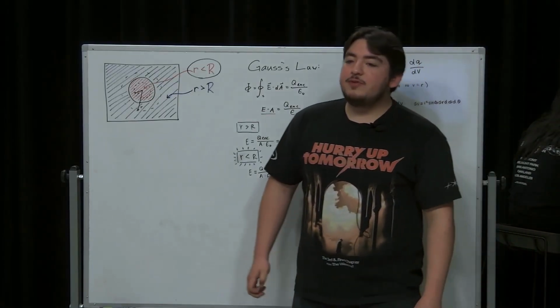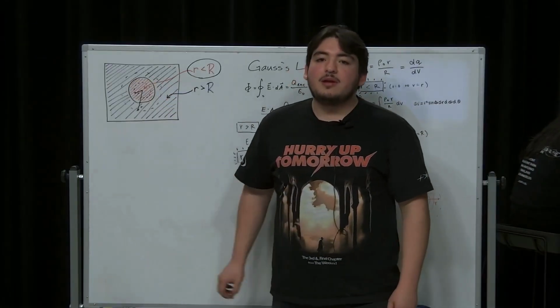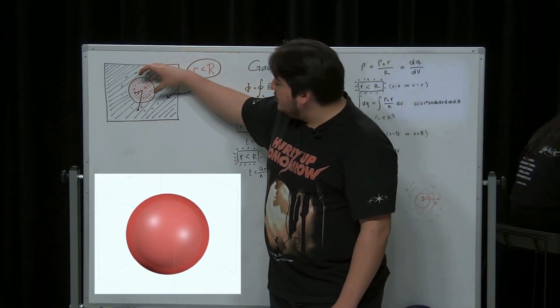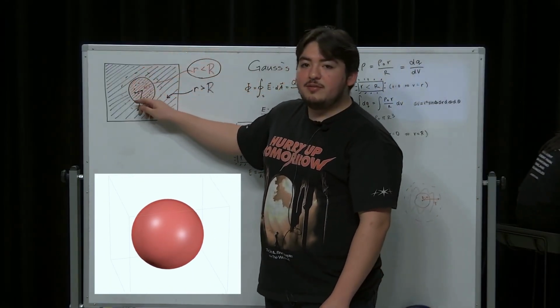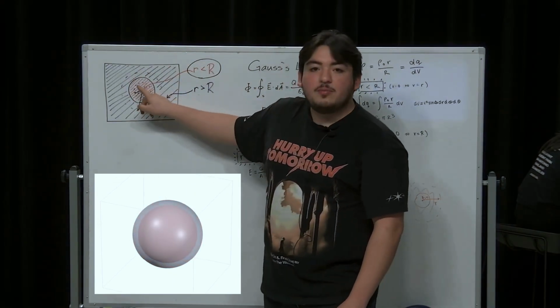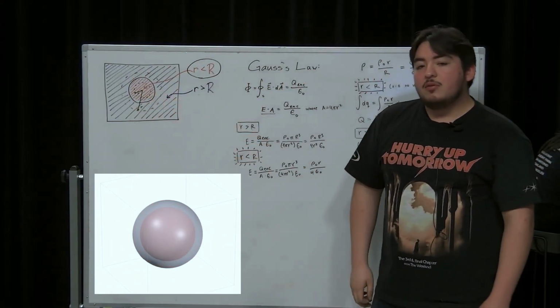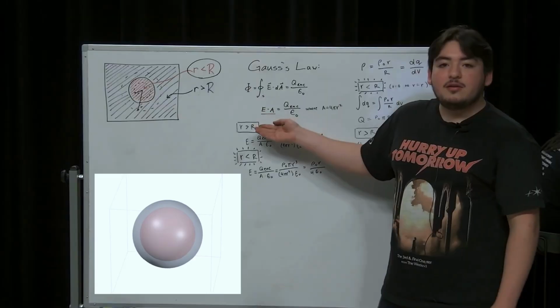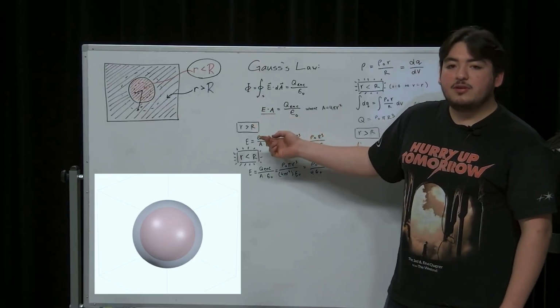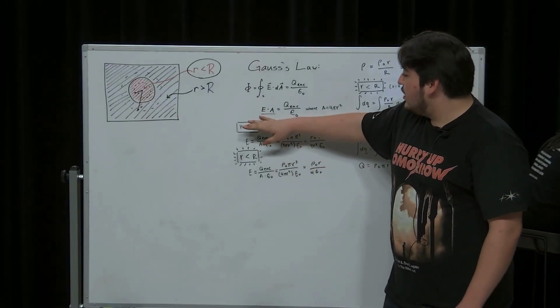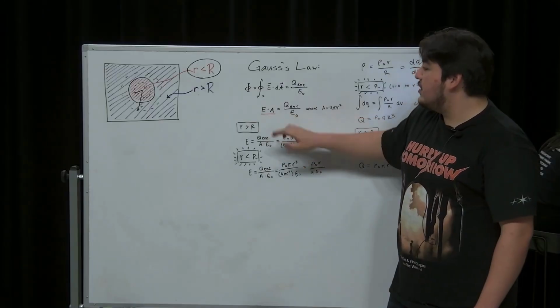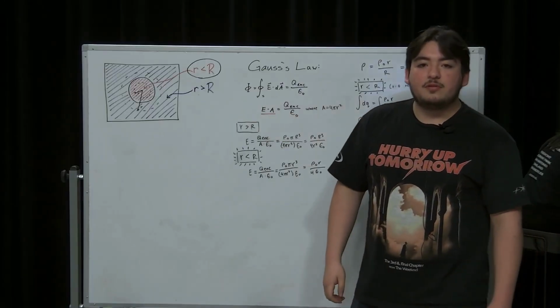What about the electric field inside the ball? Let's find it by shrinking our Gaussian surface such that its radius, little r, is smaller than the ball's radius, big R. Once again, the left side of Gauss's law is simply the electric field times the surface area of the surface.